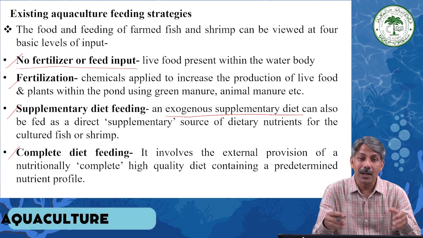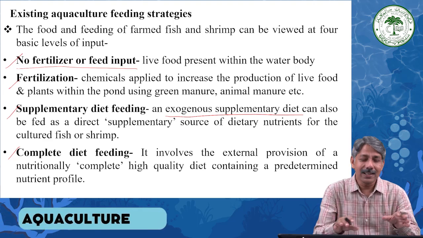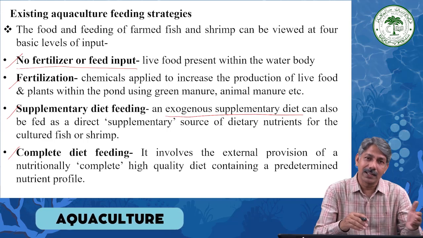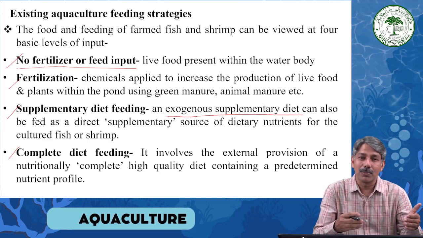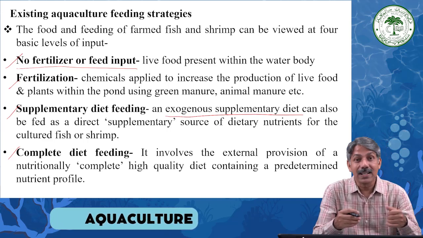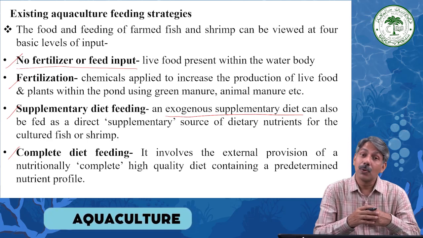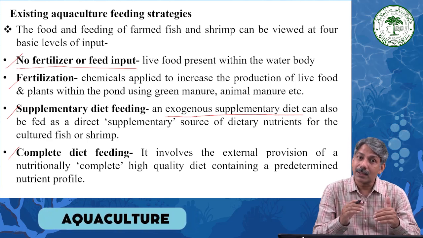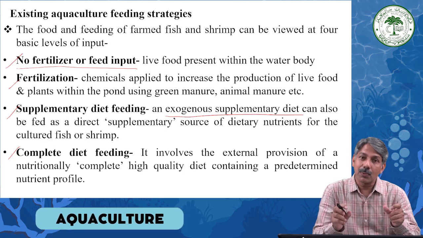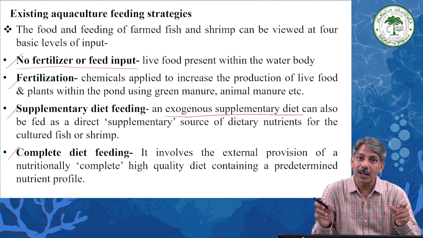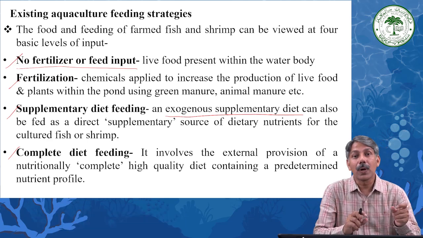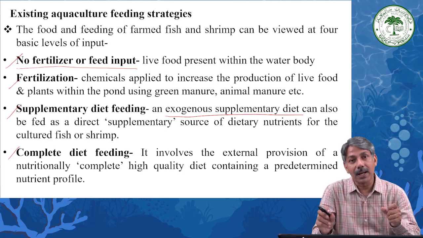And if you provide manure and fertilizer into that, then that will deteriorate the water quality. Ultimately, there may be water quality problems that may challenge the survival of your candidate fish species. In such cases, we manage water quality separately, strictly within the optimal range of all the water quality parameters, and we provide exogenous feed supply from outside.